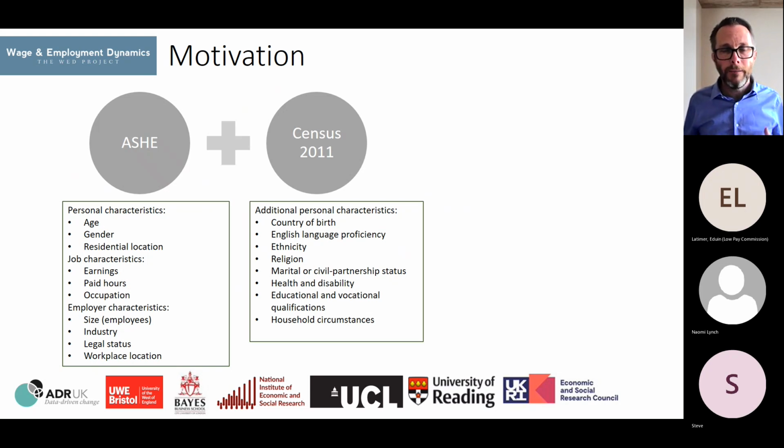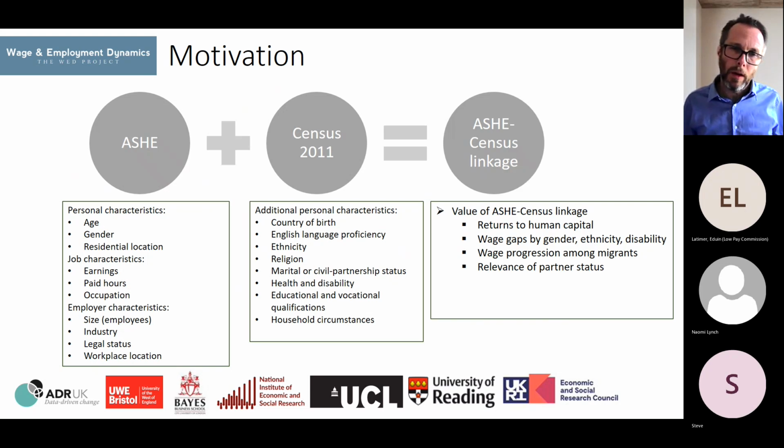So you can see if you could link these two data sets together, it would create potentially a powerful combination, because you'd have a lot more information about the individual employee themselves. In particular, if you have data on qualifications from Census that you could bring into the ASHE dataset, you'd be able to look for the first time at return to human capital using ASHE. You can't do that at the moment because ASHE doesn't have any data itself on how qualified the individual is.